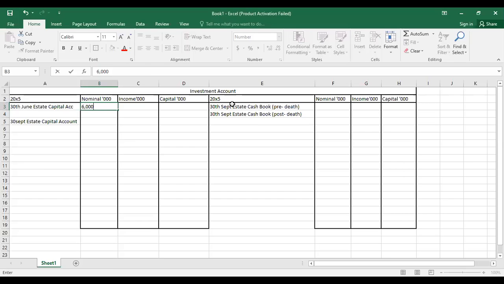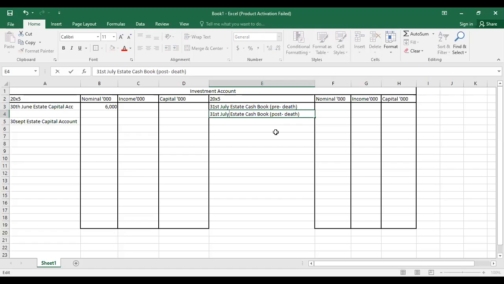But we know that it was paid on 31st July, only that the death came in between. So this is 31st July.